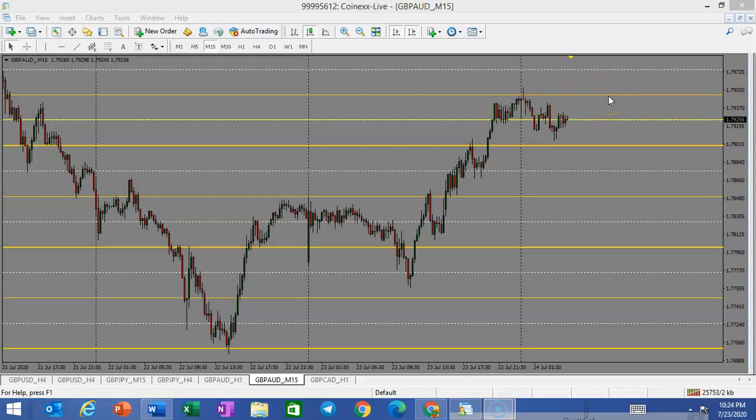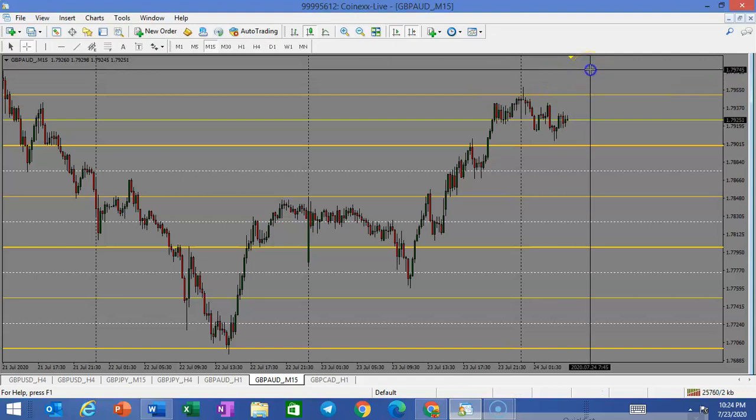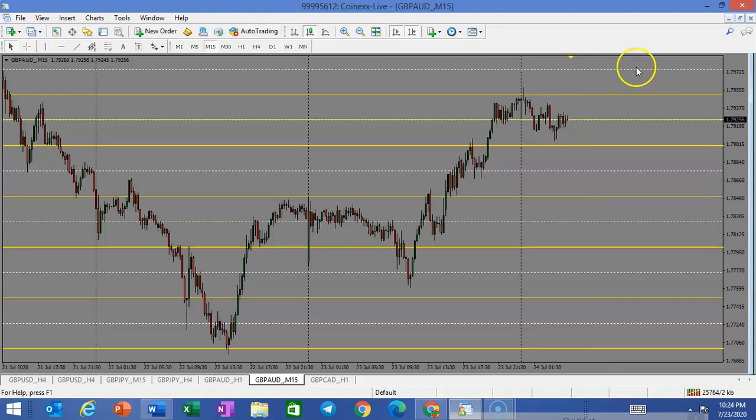And what this indicator provides is a level for every 25 pips. So from this white tracer to this thinner yellow tracer, that's 25 pips, to this white tracer, it's 25 pips, and so on.